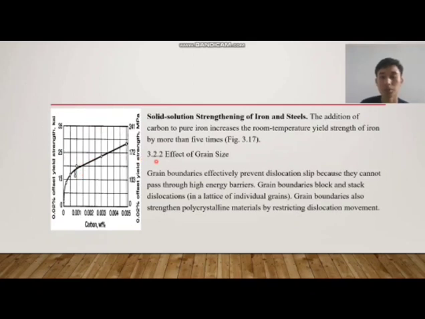Next, 3.2.2 Effect of grain size. Grain boundaries effectively prevent dislocations because they cannot pass through high energy barriers. Grain boundaries block and stop dislocations in a lattice of individual grains. Grain boundaries also strengthen polycrystalline materials by restricting dislocation movement.